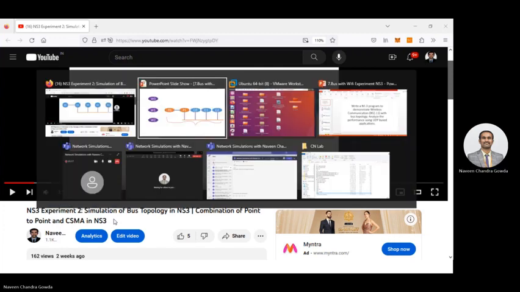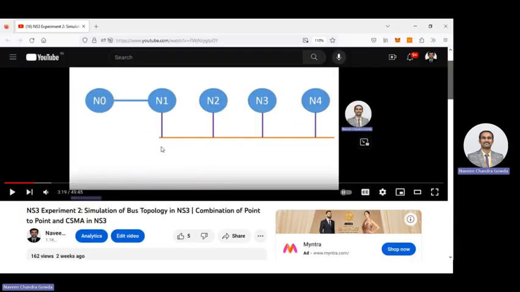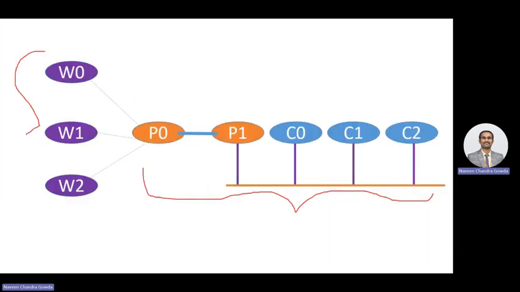Now, the additional thing we are going to learn in this session is how to add wireless nodes or wireless devices to the existing wired nodes which are connected in the form of point-to-point and the bus topology.